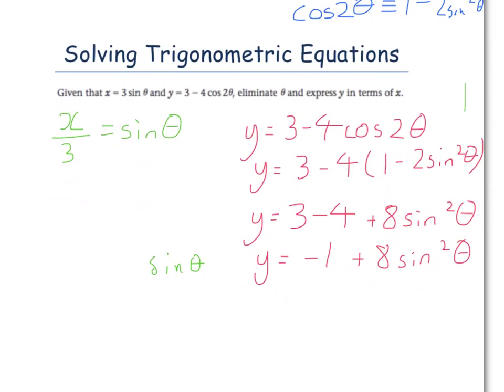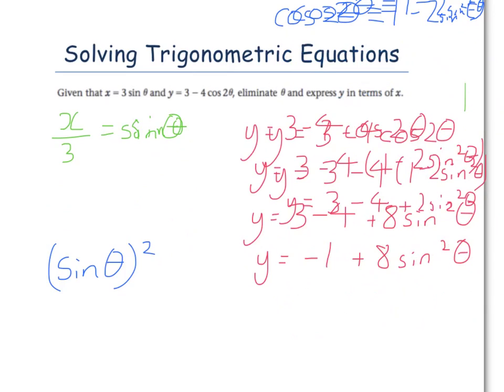Now, we have sine squared theta. Remember that sine squared theta we could also write as sine theta squared. Well, funnily enough, we know what sine theta is. So if we put that in here and square it, we can replace that. And if we do that, we get rid of all thetas in our question.